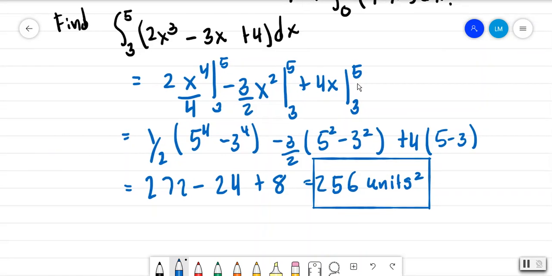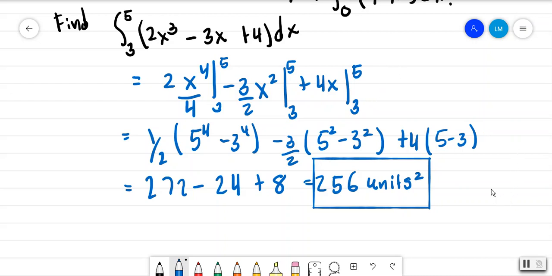Now, you can evaluate at the very end, say, by plugging in 5 into this polynomial, 1 half x to the fourth minus 3 halves x squared plus 4x. But in my opinion, it gets a little messy. What I did was group it and made it look nicer in this sense.